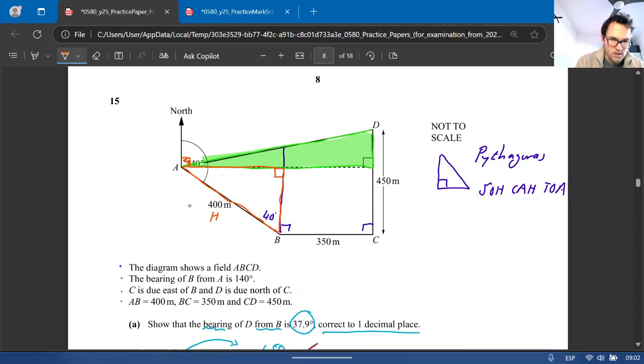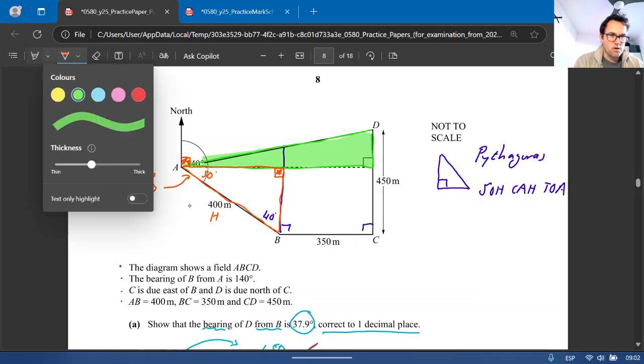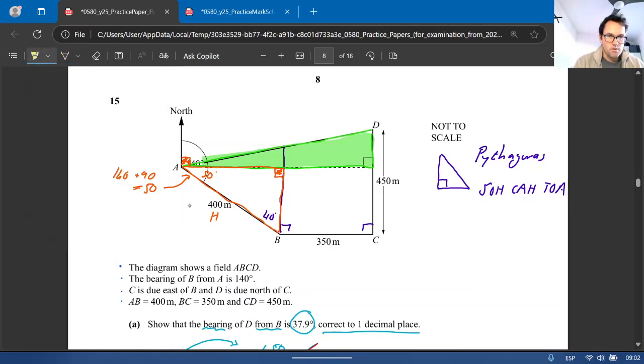If this is 90, and you do 140 minus 90, you get 50, which will be this angle here. Or you do 180 minus 90 and 140. So we've got a lot of information in this one. So let's start there. We're going to be looking at this triangle first, so we can work out more things in this triangle, which will help us.